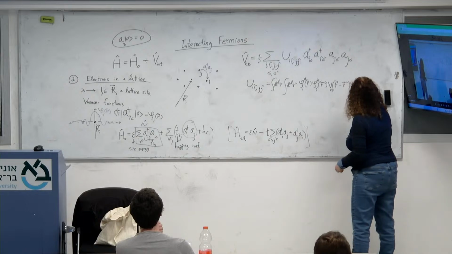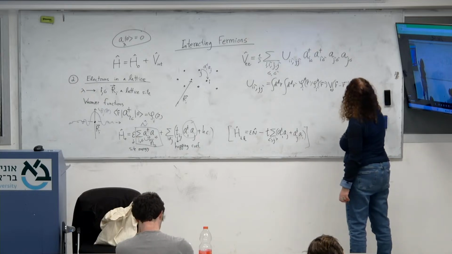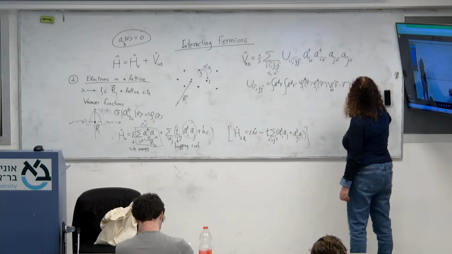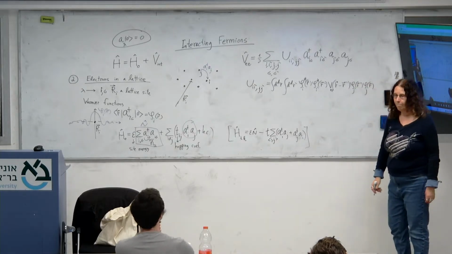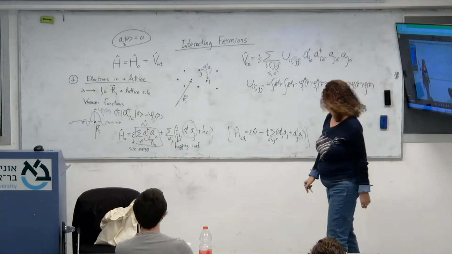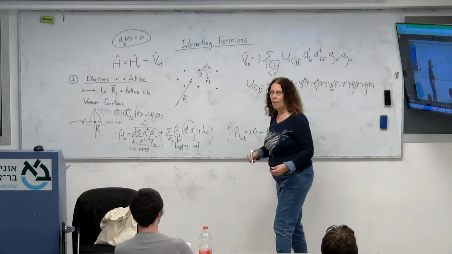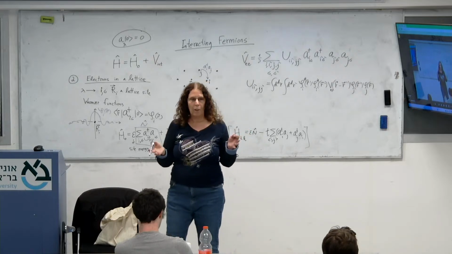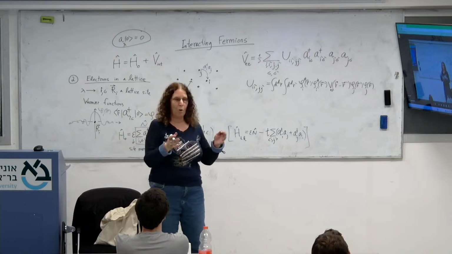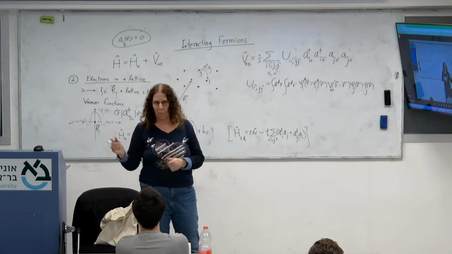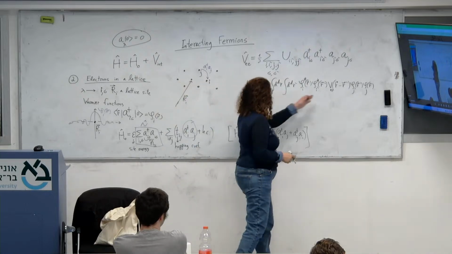And now I have phi J prime of R prime and phi J of R. Okay? That's what it is. Okay, so in fact, to get this form, I started from interaction on the form of integral over R prime of rho of R, rho R prime, V of R prime, and this is what I did.